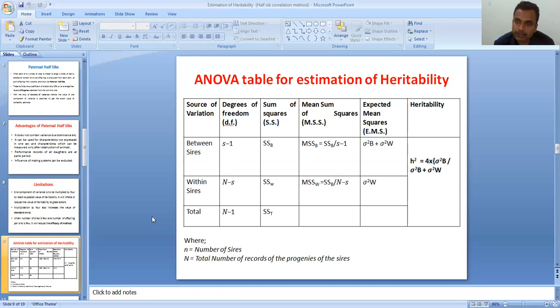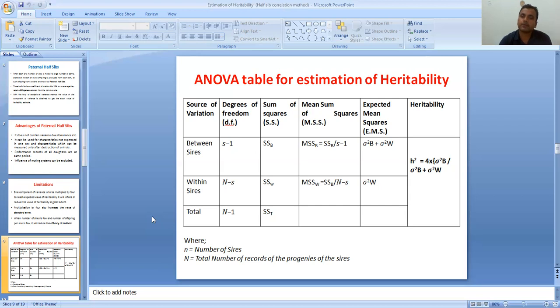The next point is expected mean squares, EMS. Here variance between plus variance within are added, and in case of within sires, only the within variance is calculated.